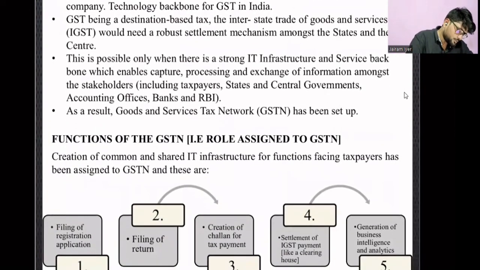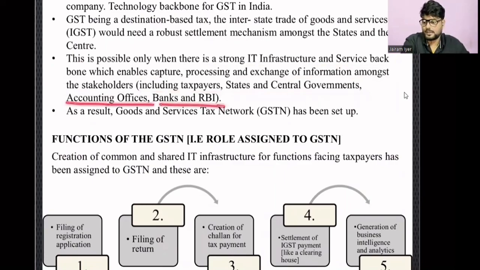This is possible only when there is a strong IT infrastructure and service backbone which enables capture, processing, and exchange of information amongst the stakeholders, including taxpayers, states, central government, accounting offices, banks, and RBI.